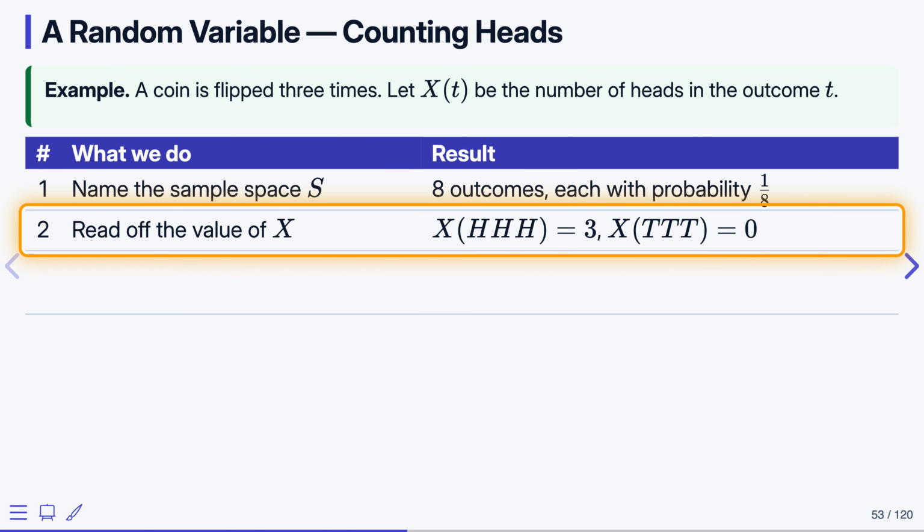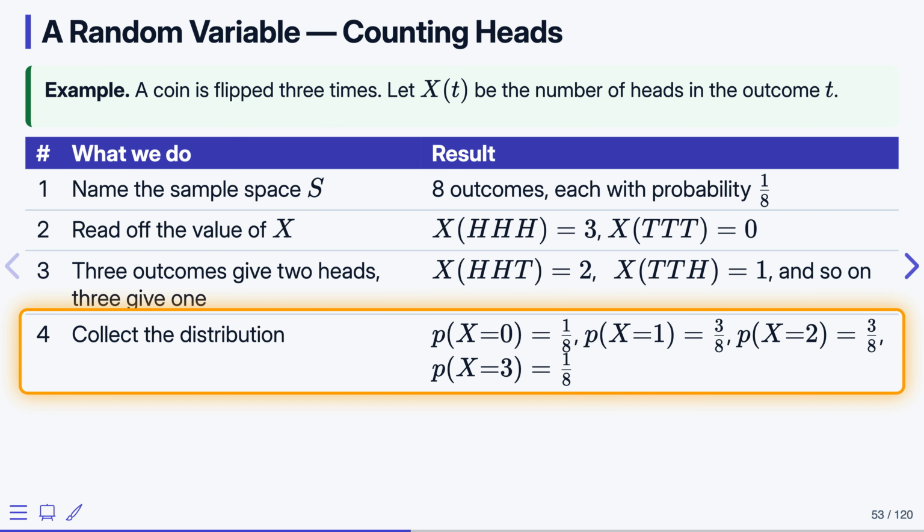In the same way, 3 outcomes have exactly 1 head. Step 4. Now collect the distribution. X equals 0 has probability 1/8. X equals 1 has 3/8. X equals 2 has 3/8. X equals 3 has 1/8. Add them. 1 plus 3 plus 3 plus 1 is 8/8, which is 1. Good.